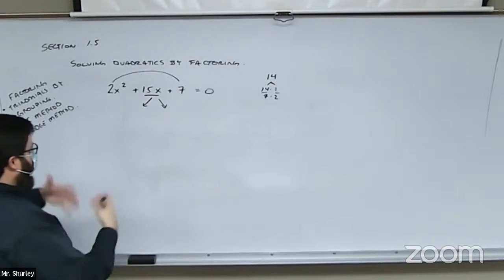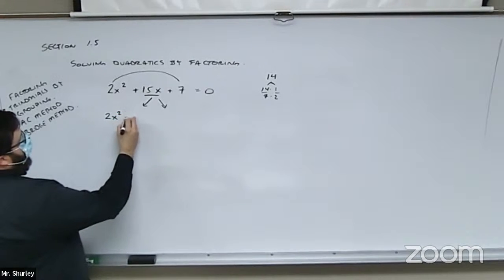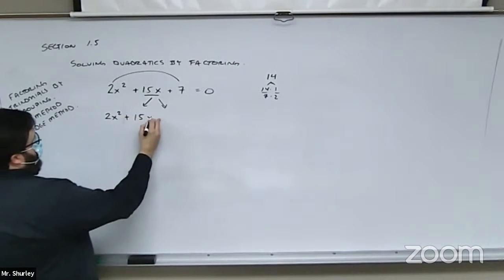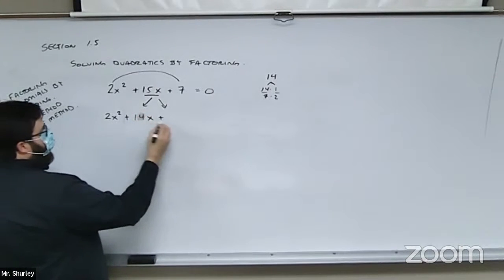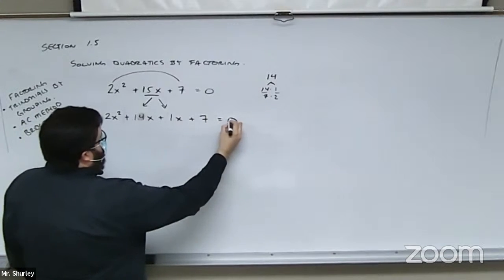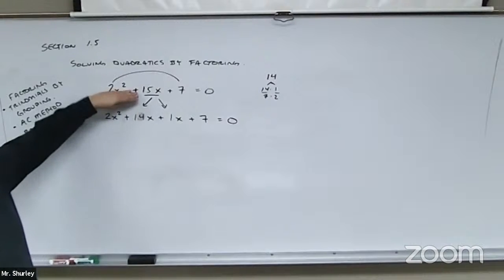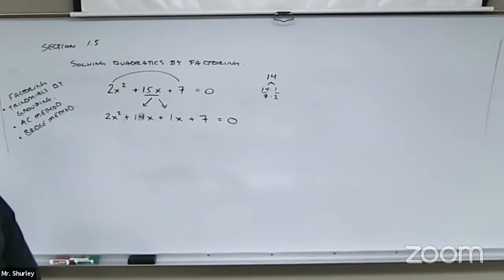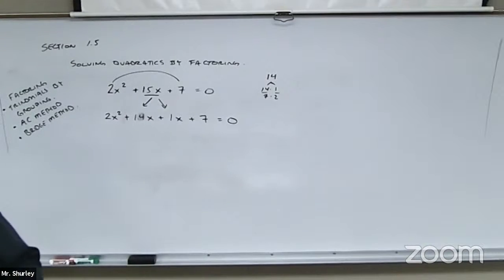Well, it's half per se, it's 14 and 1, but it turns into 2x squared plus 14x plus 1x plus 7 equals 0. So notice, if I add these two together, I get the 15x, right? So we didn't violate any math laws, okay? Not yet, no, I'm joking. We haven't violated any math laws.